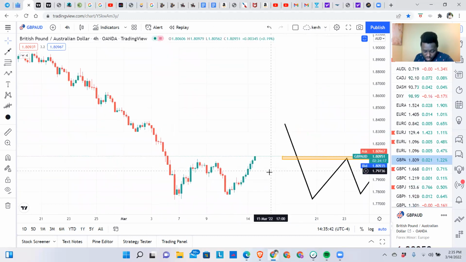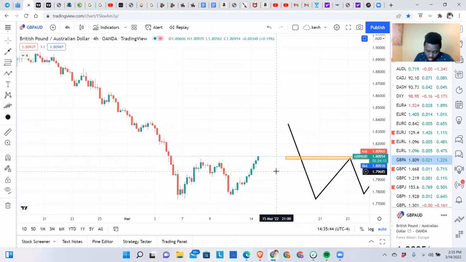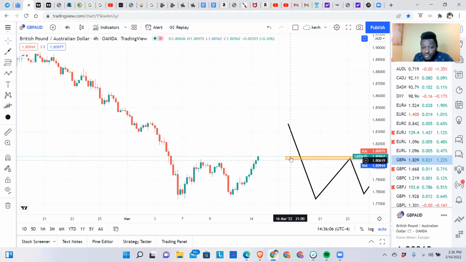Now, looking at this trade right here, I already know that I want to see some kind of retest if it breaks this zone.